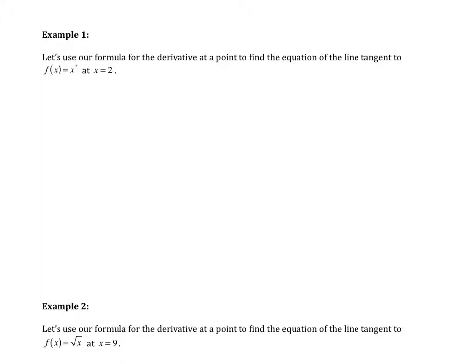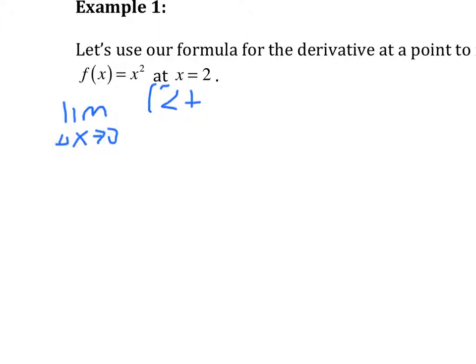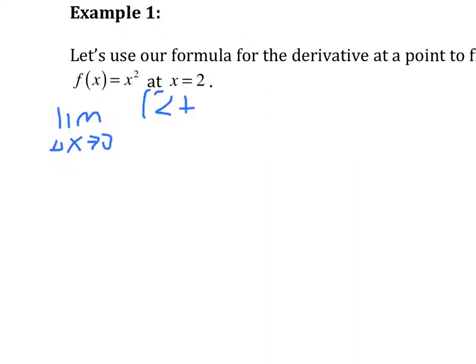Using our formula, we can say limit as delta x approaches 0, so as the change in x approaches 0, of 2 plus delta x quantity squared minus 2 squared all over delta x. That is just plugging in x plus delta x into our function.